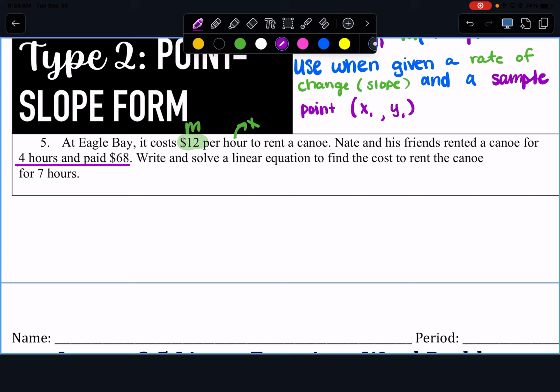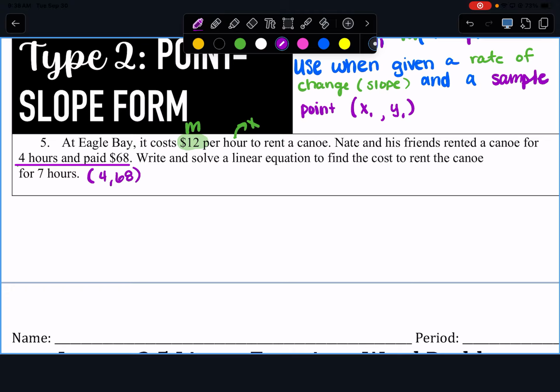We just said our hours represents x, so how would I write this point? Would 4 go first or 68 go first? 4, because our hours are our x. So we'll do 4, 68. So now we have a point and we have a slope.